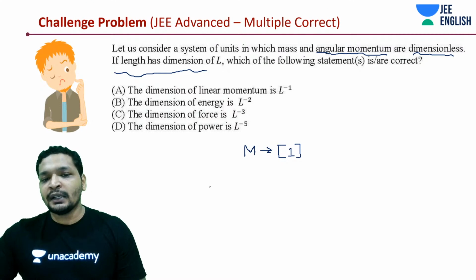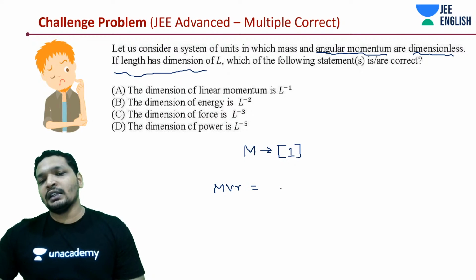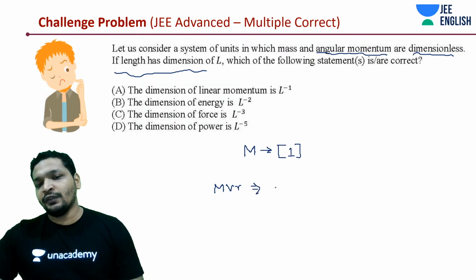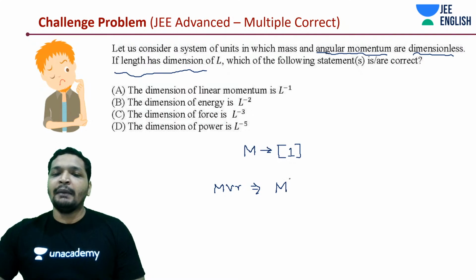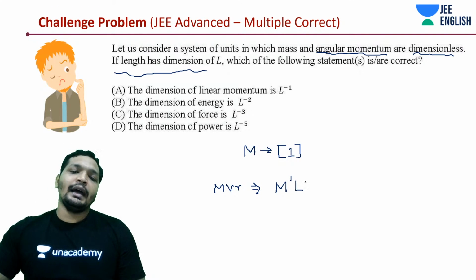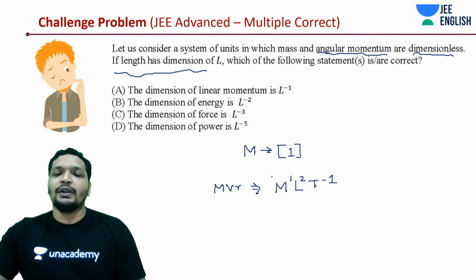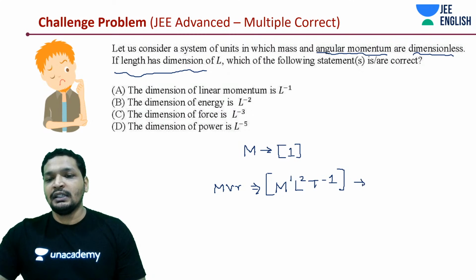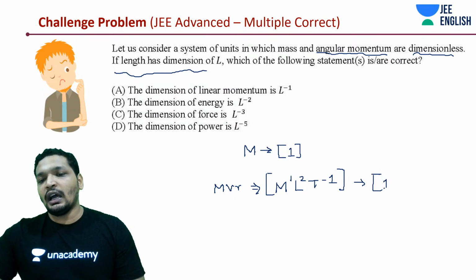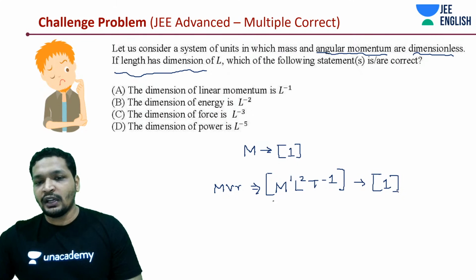What is angular momentum? MVR. If I'm going to write the dimensional formula, it's going to be M to the power 1, L square, T to the power minus 1. If I'm going to say this is dimensionless, as you already know, mass does not have any dimension.